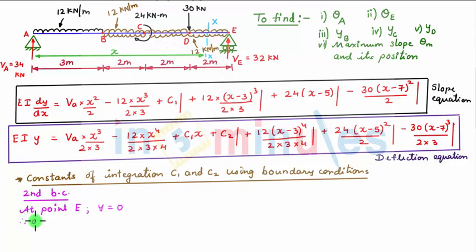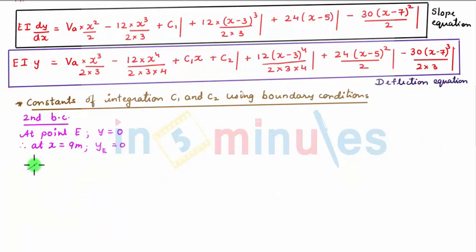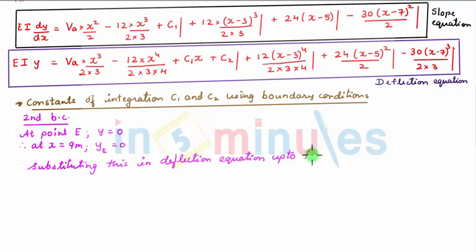So we can write at x equal to 9 meters, since your point E is at a distance of 9 meters from your origin A, we have YE equal to 0. So substituting this in the deflection equation up to the fourth partition, since we know the equation up to the fourth partition is valid between point D and E.